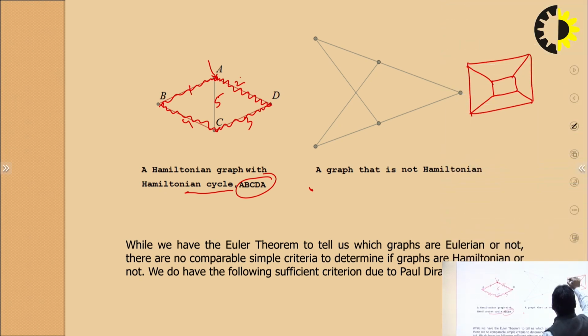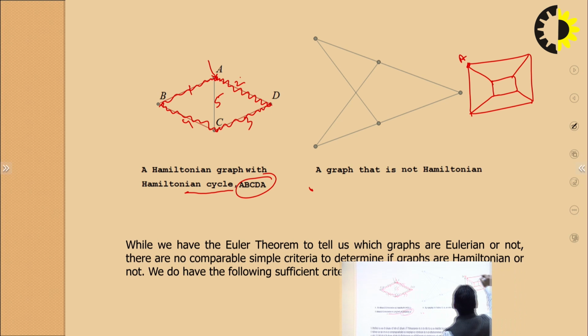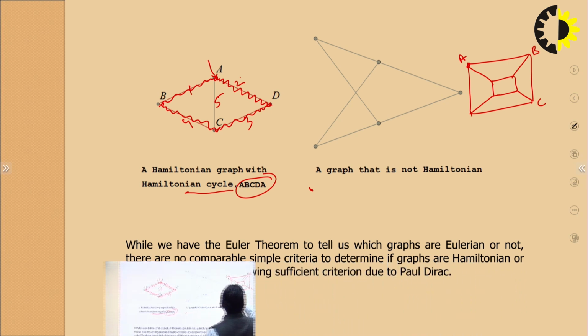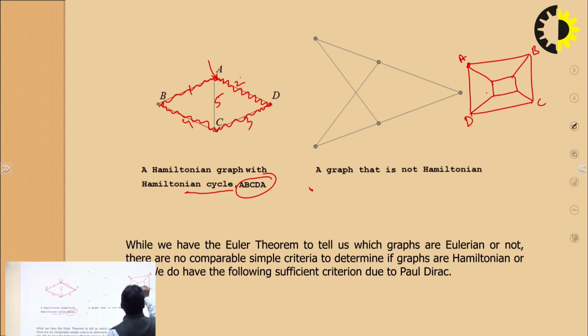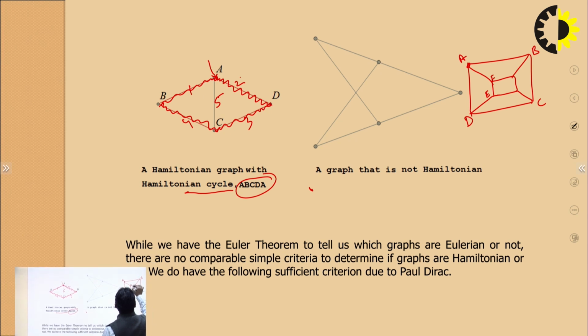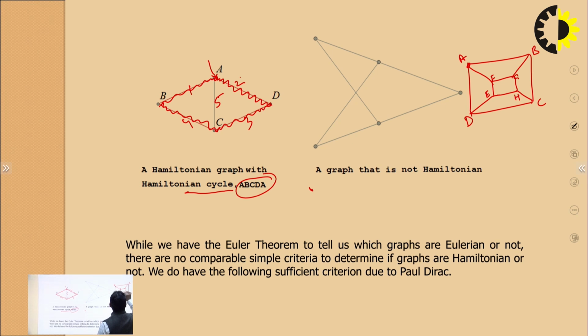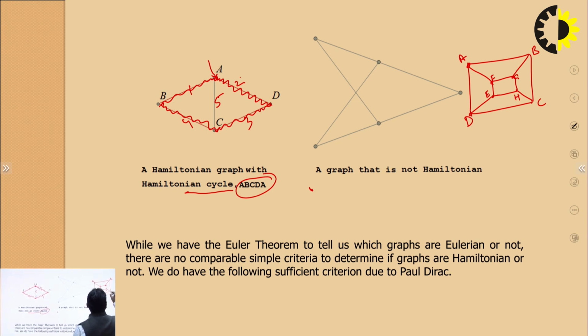We go with another example of a graph in which the vertices are A, B, C, D, E, F, G, H. This is a graph in which we find a Hamiltonian graph.